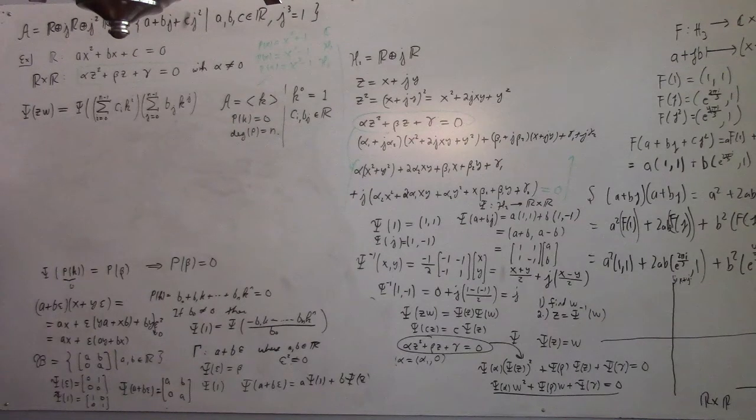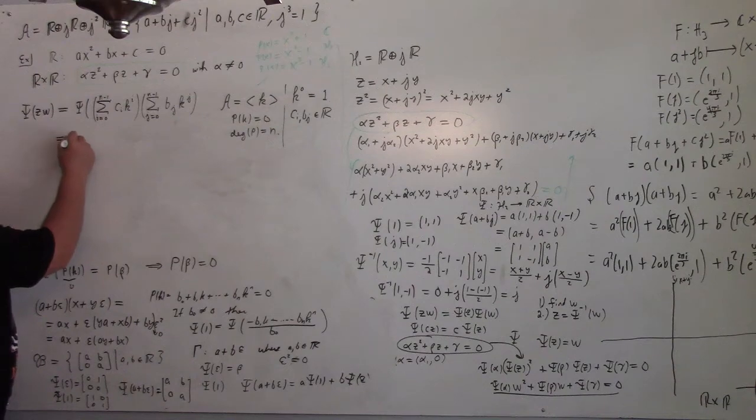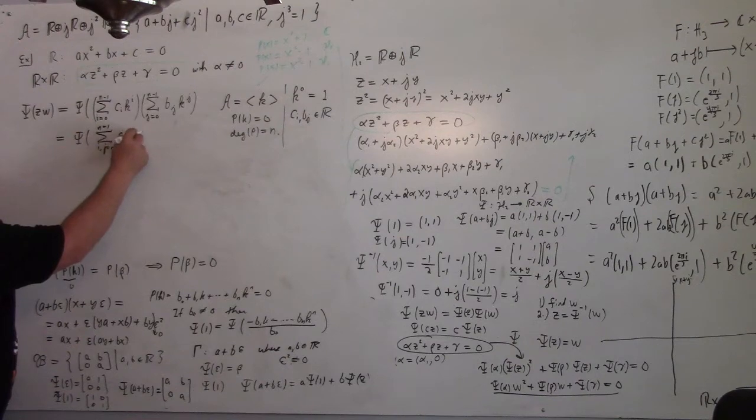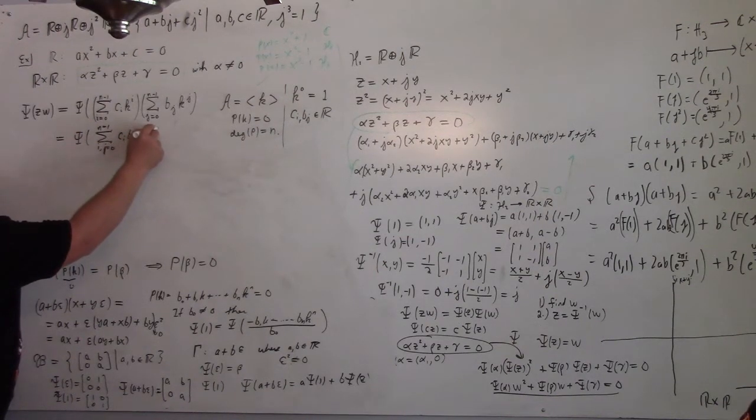Essentially, it follows from the rule that k to the i times k to the j is k to the i plus j, right? In short, what we have here is the sum over i and j from 0 to n minus 1, the real coefficients out front, and then k to the i plus j.